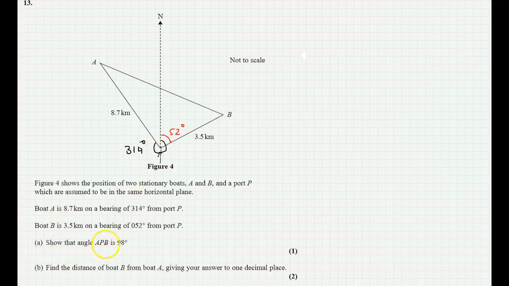Show that angle APB is 98 degrees. So now we know that angle APN, this complete is 360 and this angle is 314.